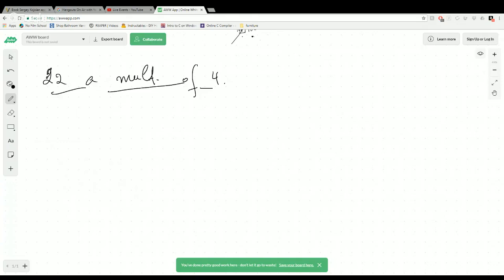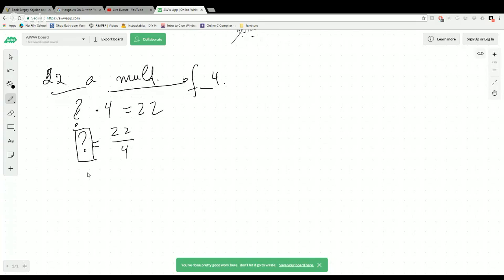In other words, can I count by 4s some number of times to get to 22? If I divide both sides by 4, I realize that the result is not an integer. This number here is not a natural number. It is not a positive integer. The answer is no. 22 is not a multiple of 4.